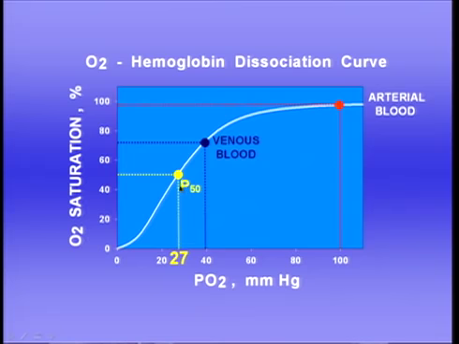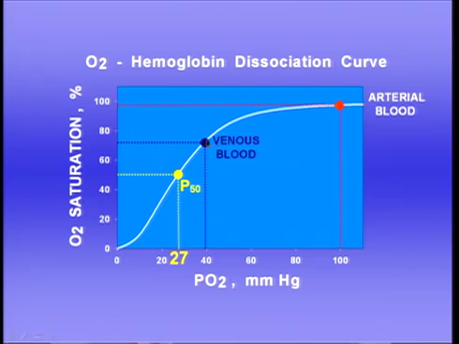That has a PO2 of about 40 and an oxygen saturation of about 75%. And then another useful anchor point is what's called the P50. The P50 is the partial pressure of oxygen for 50% saturation. And in normal arterial blood, the value is about 27. So these three anchor points are quite useful if someone says to us, well, this person's got a PO2 of 50, for example, in the arterial blood.